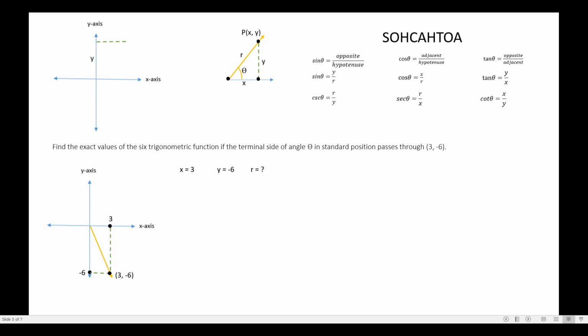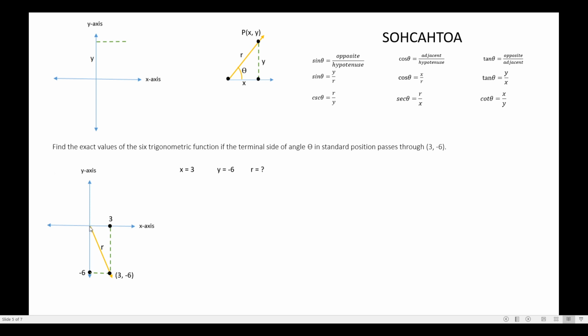But again, as I said, since this is a point on the circumference of the circle and this is the origin, the center of the circle, then that is the radius of the circle. And again, let me emphasize that this circle has a center at the origin. Okay?